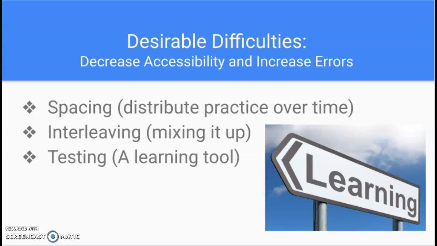These three ways to create this sort of complex, difficult learning environment that will create lasting learning are spacing, which is essentially distributing practice over time; interleaving, which is mixing up the learning instead of having it in blocks; and testing, which is seen as a learning tool, not an assessment in this frame. I'll discuss each one here.